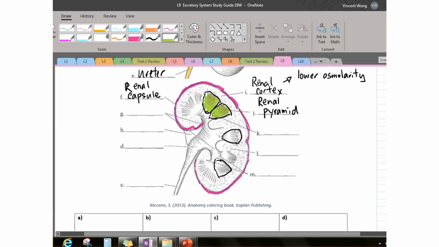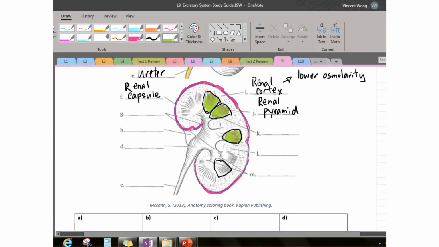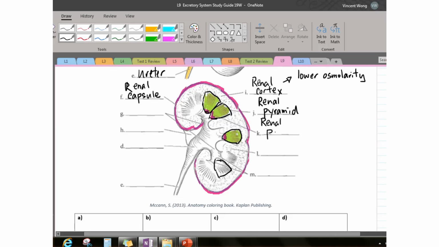Okay. Now at the tip of the pyramid, you have another structure. So that little knob at the end, which is what K is pointing at, we call that the renal papilla. Okay, so if you visualize the cone like this, right?